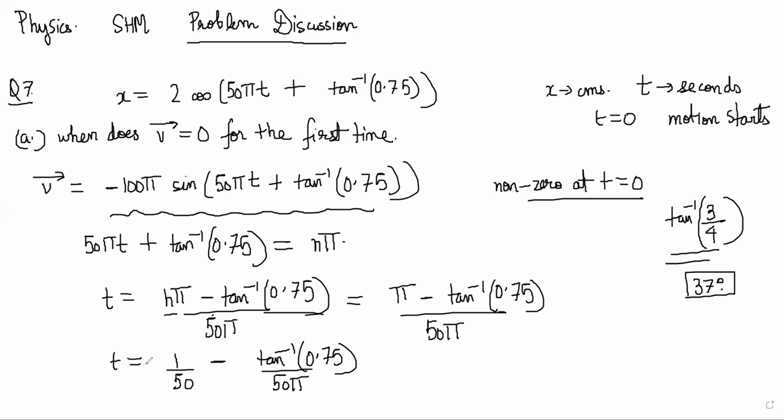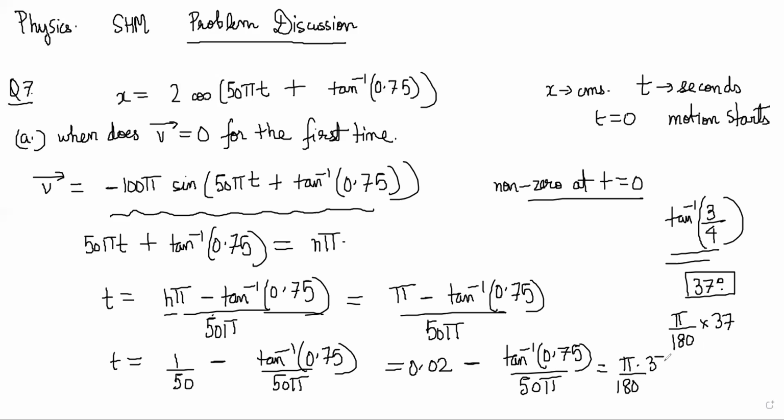So this is 2 by 100, so 0.02, minus this thing by 50 pi. It is 37 degrees, and 37 degrees in radians will be pi by 180 into 37. We'll put that there: pi by 180 into 37 divided by 50 pi.